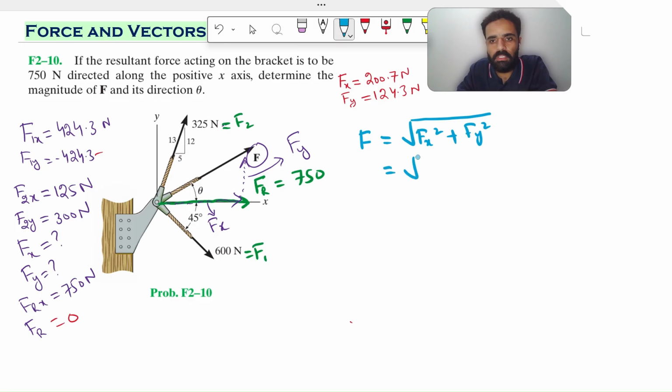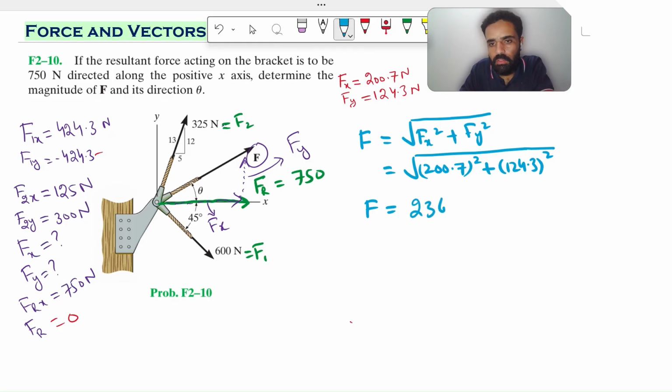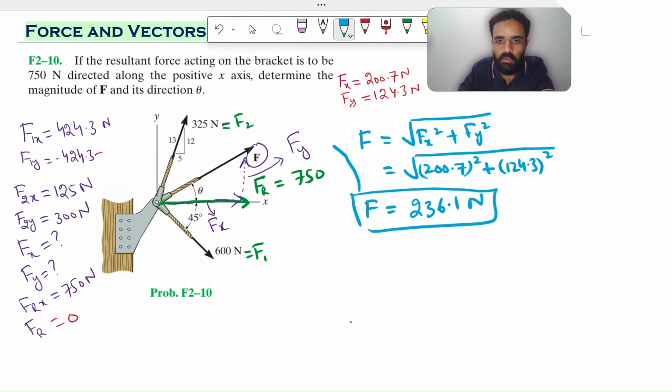Putting the values in the calculator, we get the value of the force, which is equal to 236.1 Newton. So this is the magnitude of the unknown force we found, 236.1 Newton.